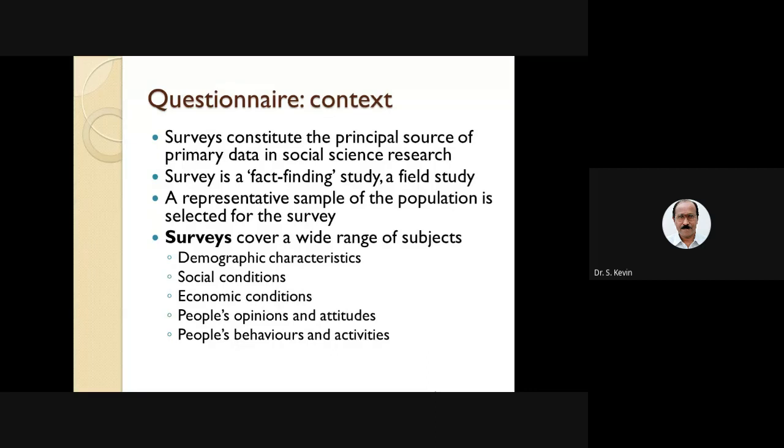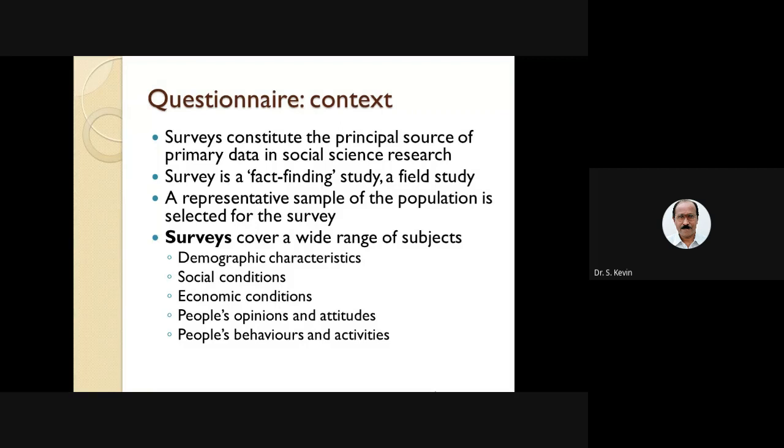What is their opinion about the working environment? Are they satisfied? What is their attitude towards the job? Are they positive? Are they negative? What is their attitude towards their subordinates or superiors? Is it positive or negative or neutral? So all these things are the real data that we require.